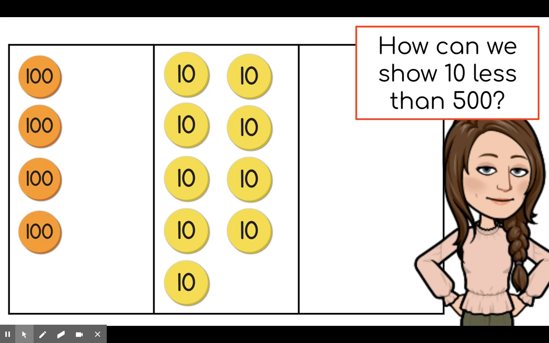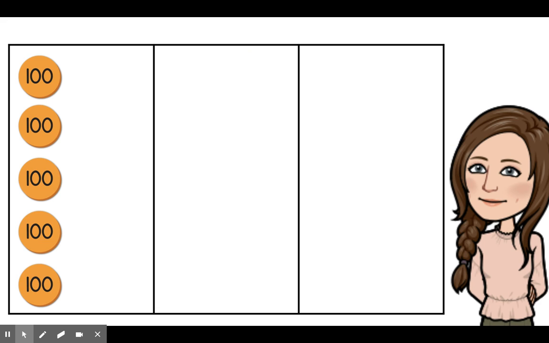Well, let's go back to 500 for a minute. We're going to add some ones. 501, 502, 503. I still want to show 10 less. Will I be able to show 10 less than 503?